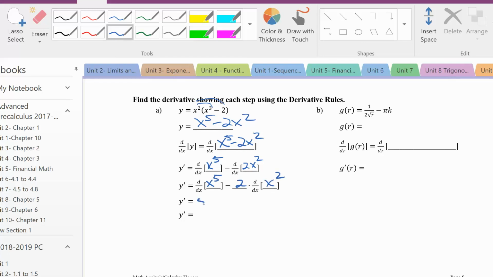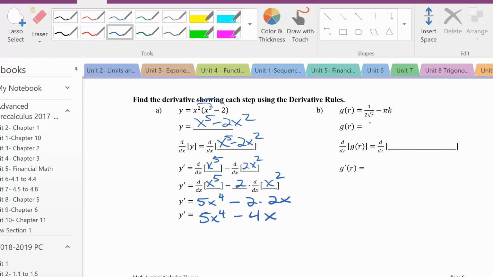So it would be 5x to the fourth minus 4x. So that is the derivative. And here I just did it so I skipped a step, which is fine.